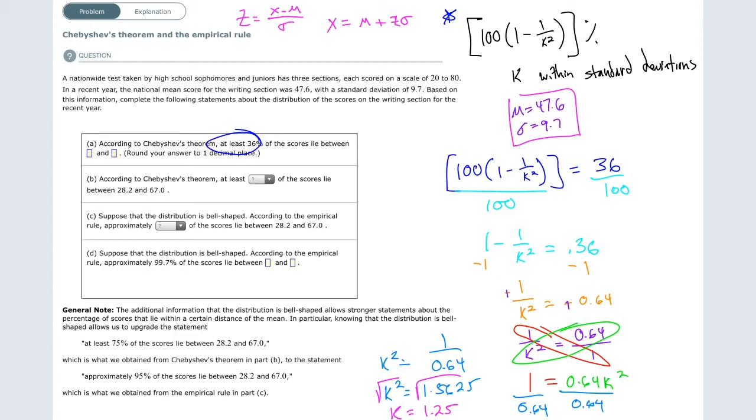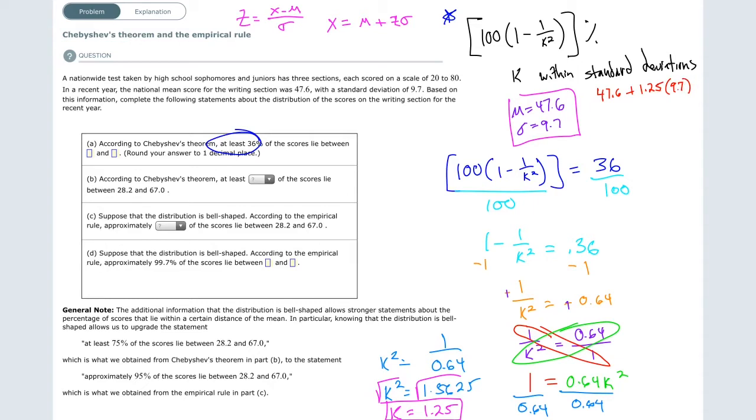You'll see those two formulas, and that's what we want to use because we know it is 1.25 standard deviations away. We know the mean, we know the standard deviation. So we're going to take the mean plus K times the standard deviation.